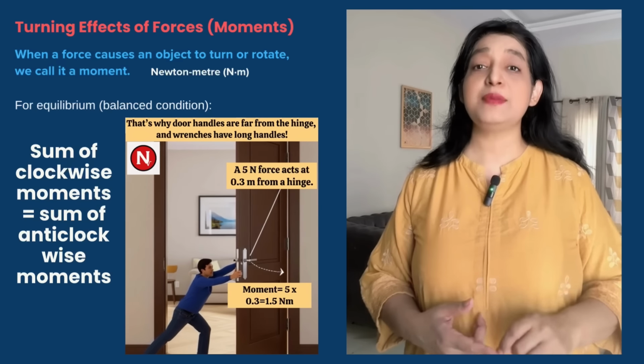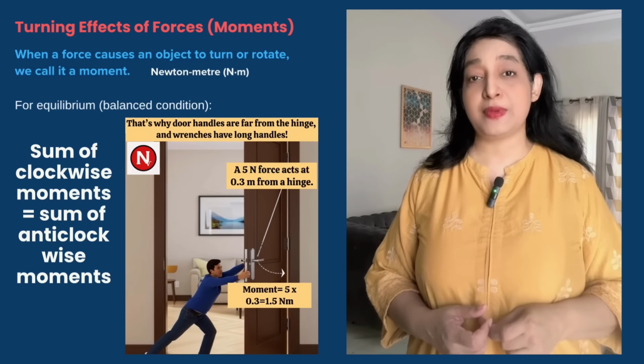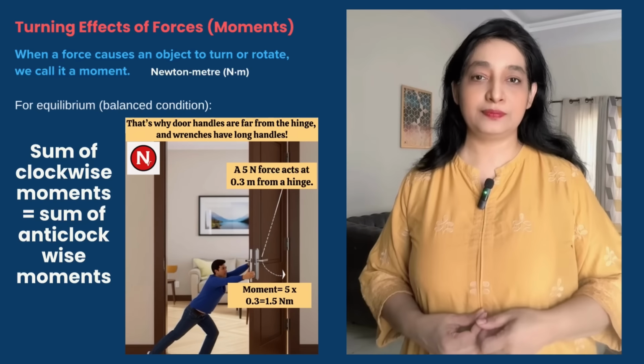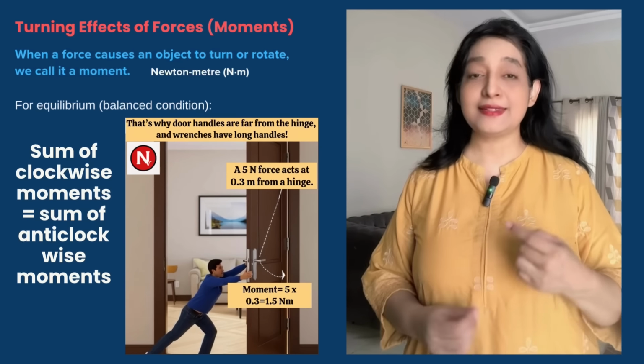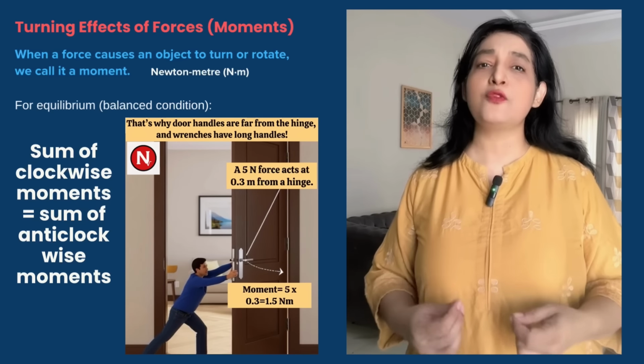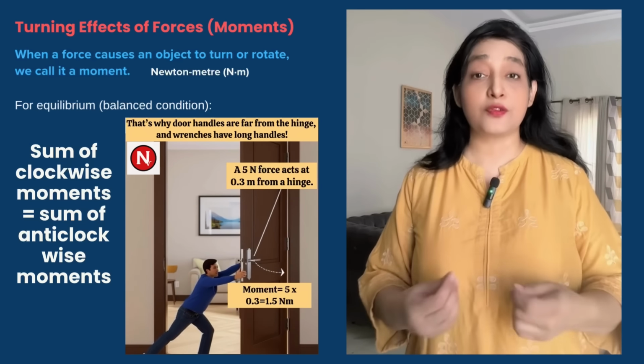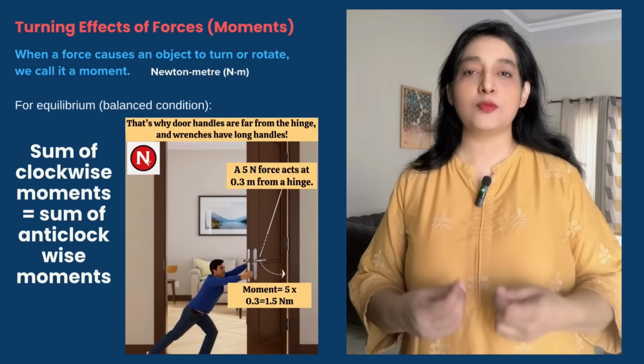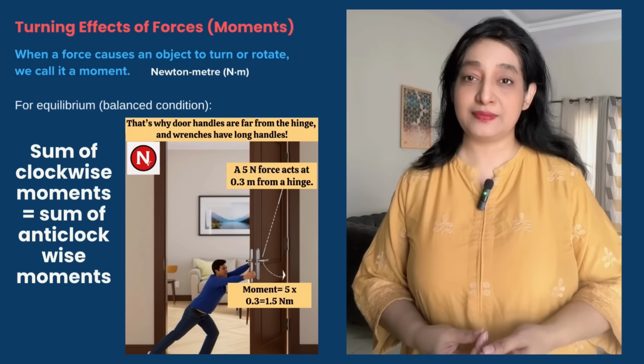The pivot is the point around which rotation happens, like the hinge of a door. Look at the screen showing the examples: a door with a force applied at different distances from the hinge, showing a larger moment with greater distance.